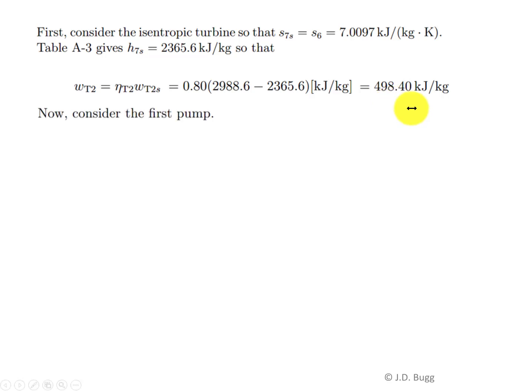Now we're ready to look at one of the pumps. So we'll look at the first pump. So this is coming out of the condenser. Because it's a liquid pump, we can calculate the work directly from minus the integral of V dP. And the reason we can do that is because the fluid is liquid, the specific volume is very, very close to constant. So we can say this is just minus V1 times P2 minus P1.